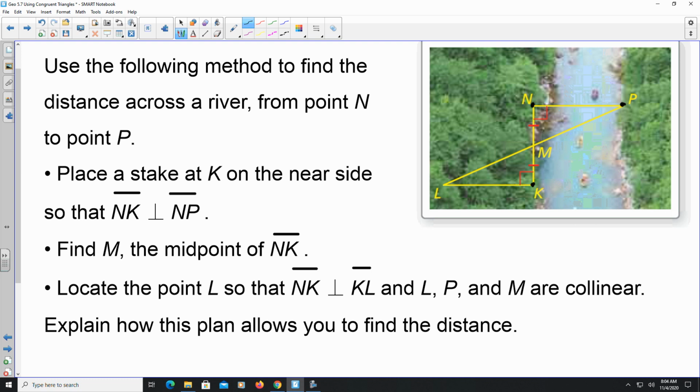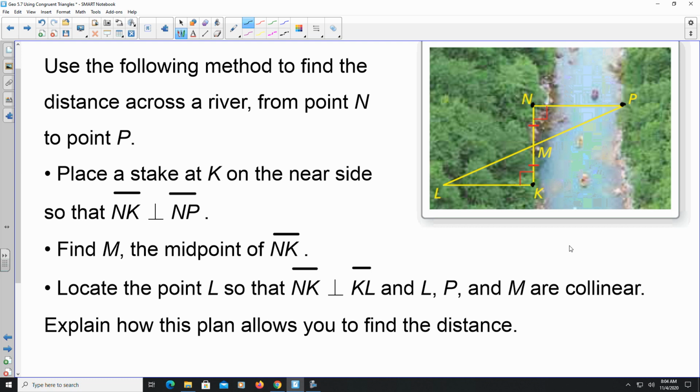And then here it says locate the point L so that NK is perpendicular to KL, and L, T, and M are collinear, which means they are on the same line. Explain how this plan allows you to find the distance. So in order for you to find the distance, you can attempt to create this as a set of congruent triangles.